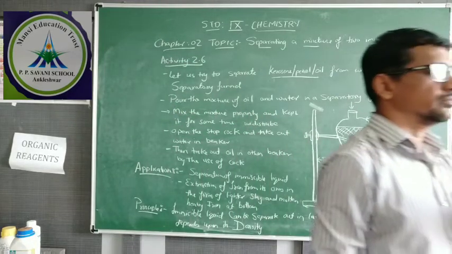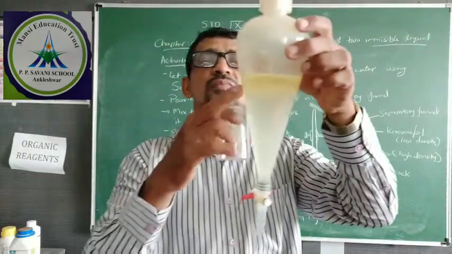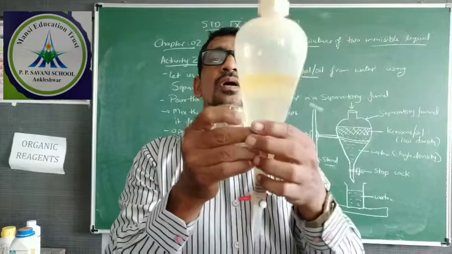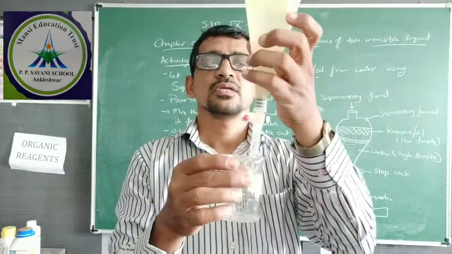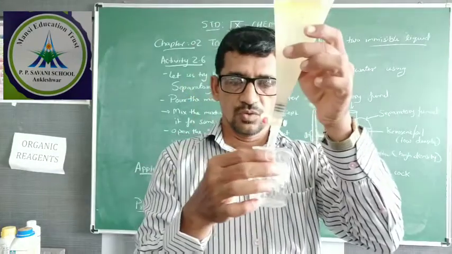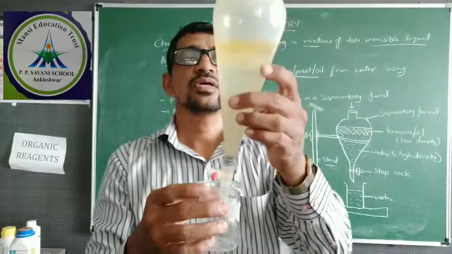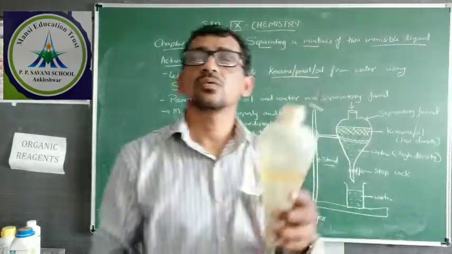You can see that if you wait for some time, the oil is in the upper part and the water is in the lower part. So the water we have to separate out. We will arrange it in a proper stand and then collect it.